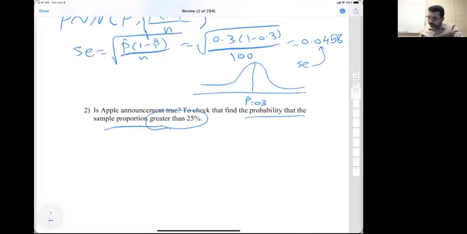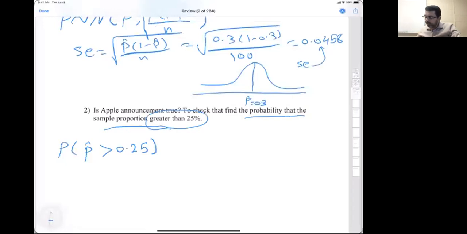So we need to find the probability that P hat is greater than 0.25, as you can see here, and we will look at this probability. If it's too small, that means this proportion is unlikely to happen, so this announcement is false. But if the probability is large, then yes, it's true.